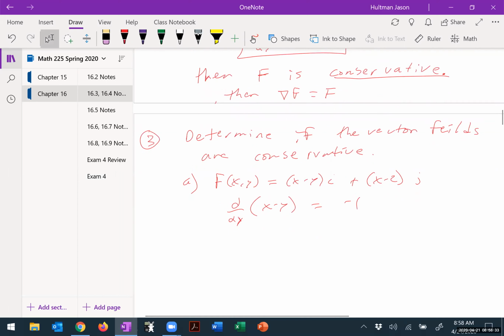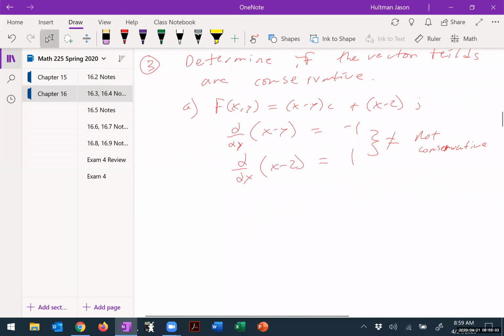Is that equal to the partial on x of x minus 2? That's +1. Are those equal? Nope. So not conservative. So it probably doesn't have a continuous parent function. Again, just a test for conservation here.